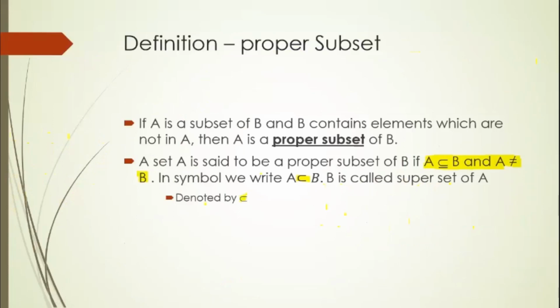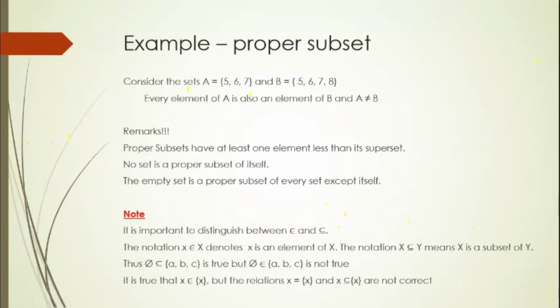So let's see some examples here. Consider the sets A that contains the elements 5, 6, 7, and set B contains the elements 5, 6, 7, 8. Okay, so you would see 5 from A to B. The same way goes with 6 and 7.